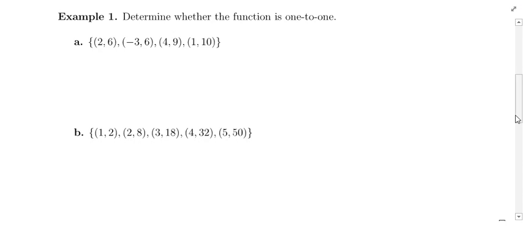So it's a really good idea to draw an arrow diagram like we did back in the day for functions to tell if it was a function. It's very visual. You'll be able to confirm that it is a function, and you'll be able to tell whether it's one-to-one or not, just from the visual. All right, so let's look at part A.